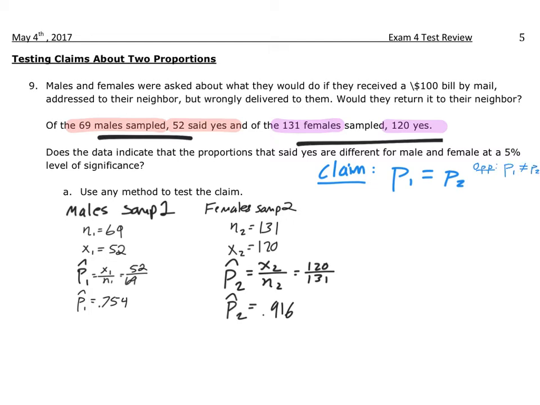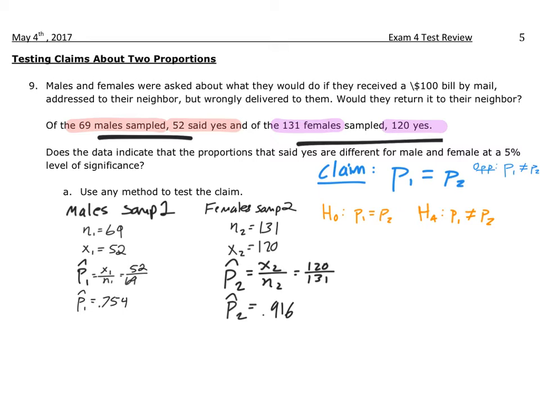That's helpful because at the next step, when I write my null and alternative hypothesis, I've got them identified for me. So I'll write those down. My null is the one that's always equal, so P1 is equal to P2. And then my alternative is the opposite of that, P1 is not equal to P2.